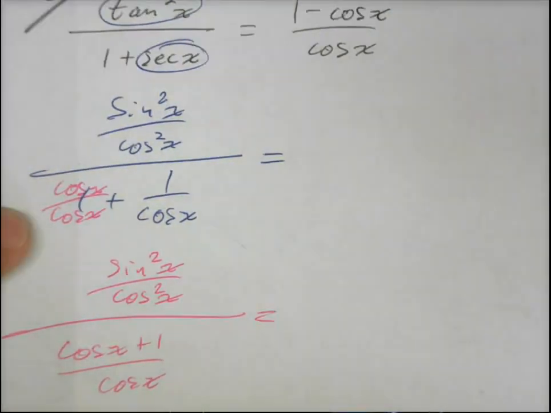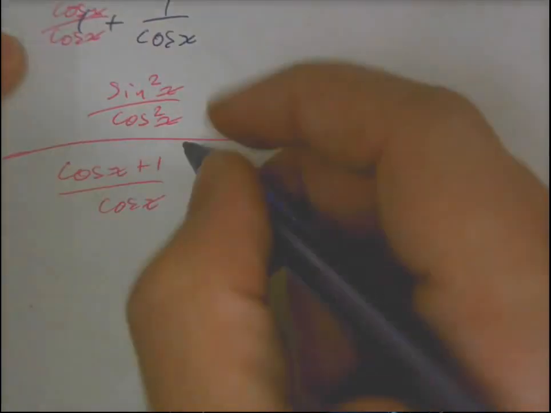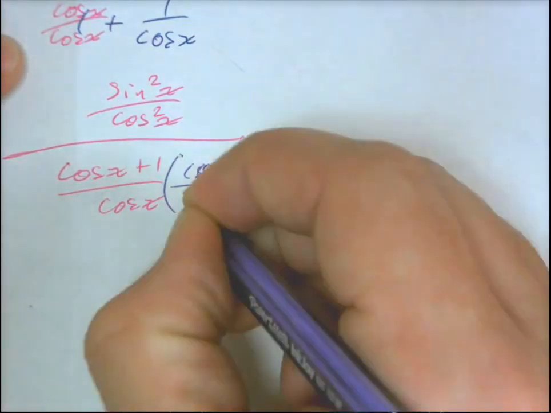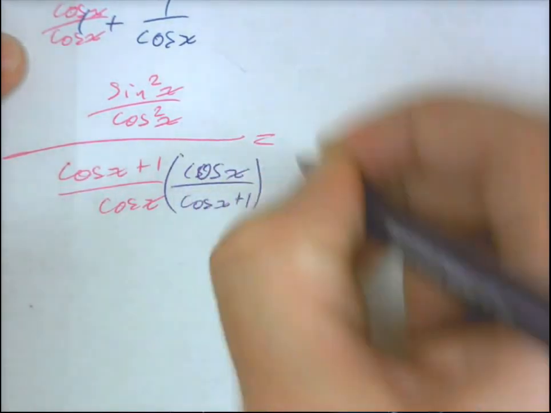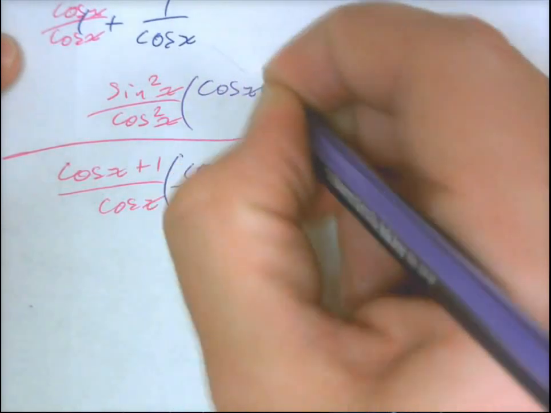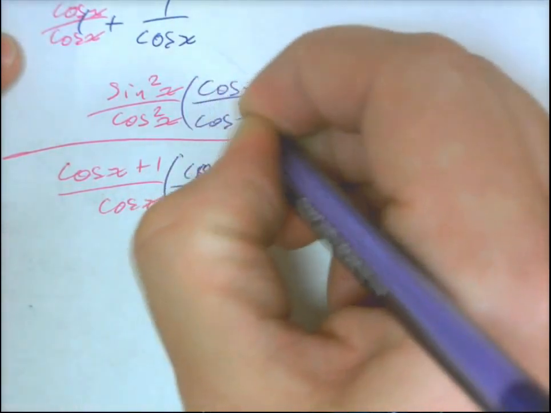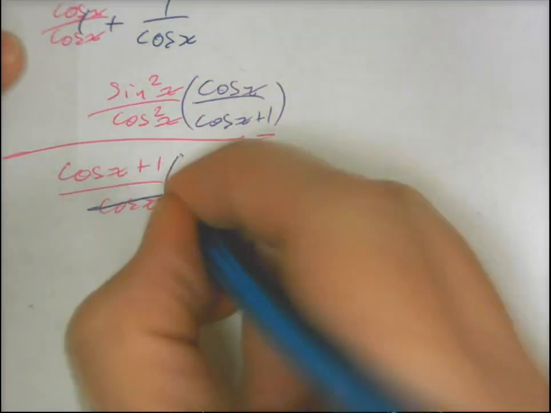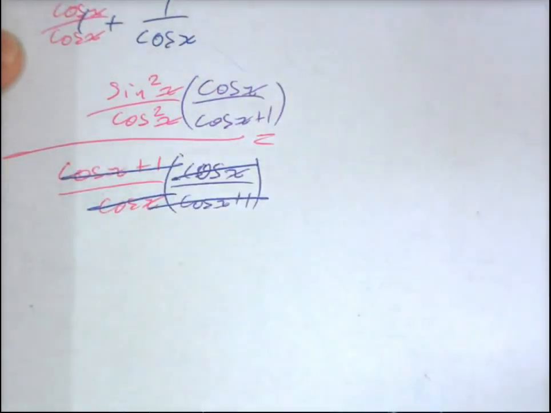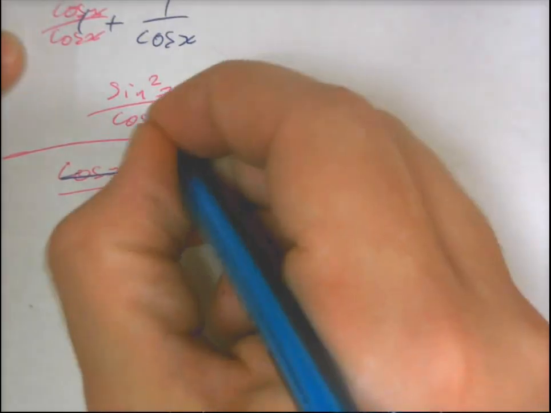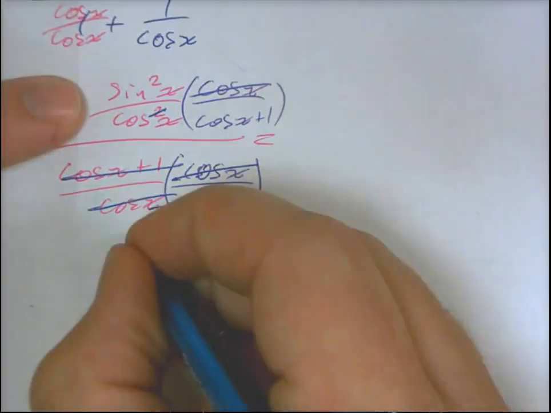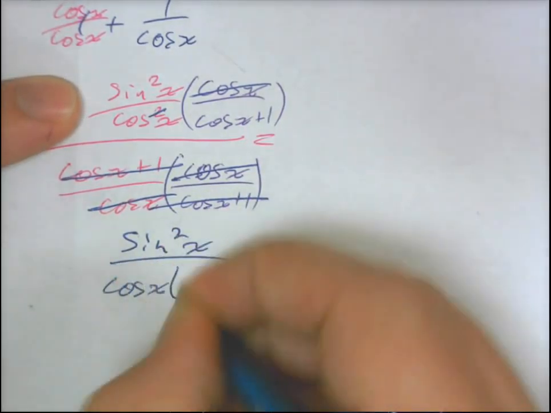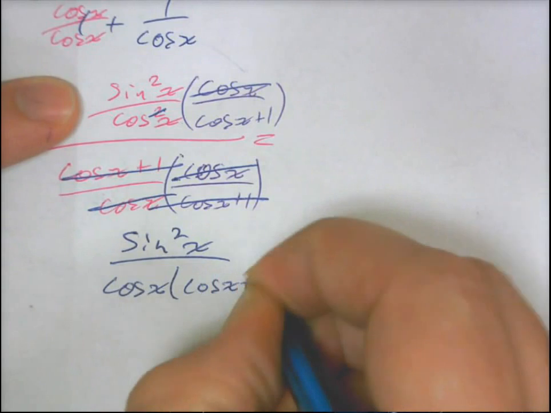And then I'm dividing fractions, so I will multiply by the reciprocal on top and bottom. So now, cosine divided by cosine makes 1, cosine plus 1 divided by cosine plus 1 makes 1, cosine divided by 2 of them makes 1 cosine on bottom. So I'm left with sine squared over cosine times cosine plus 1.